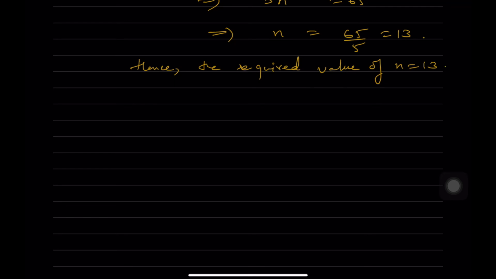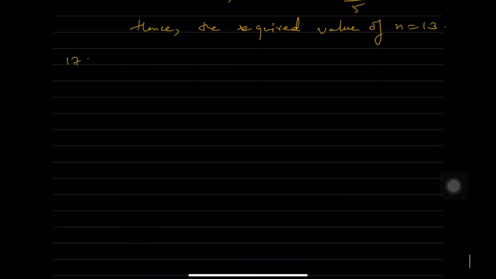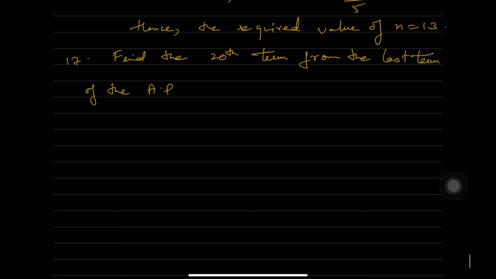Now going into the 17th problem, find the 20th term from the last term of the AP 3, 8, 13, up to 253.